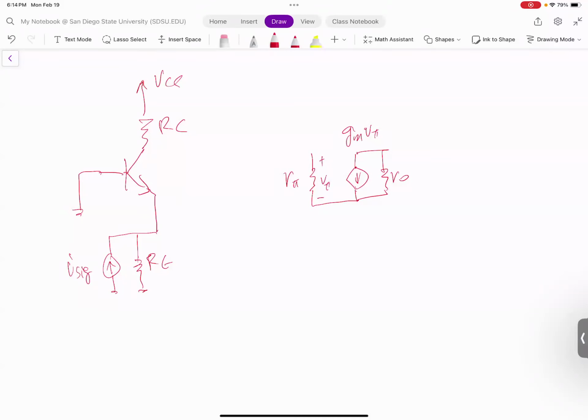The collector is connected to RC, which goes to ground, and this is your VO. The base is grounded, which is why this is called a common base amplifier. And the emitter is connected to a resistor RE.